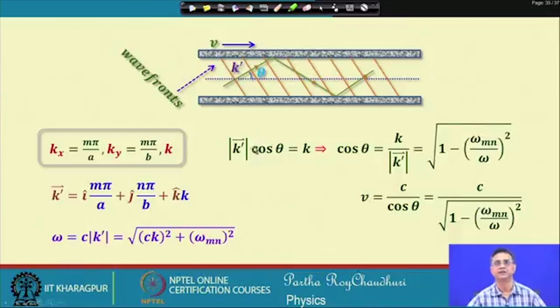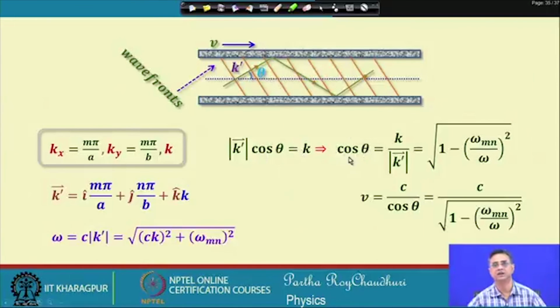So, k dash cosine theta equal to k. You can look at this: this is your k dash direction, and this is the z component of k. So, k dash cosine theta will be the value of k. So, that is what is written here.